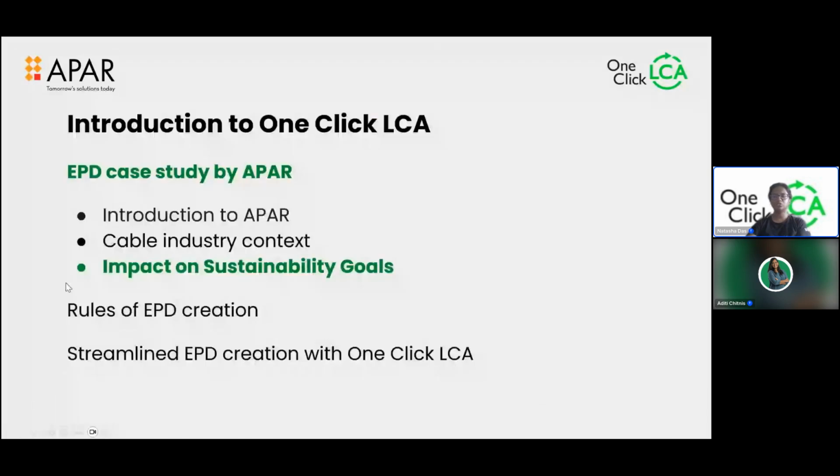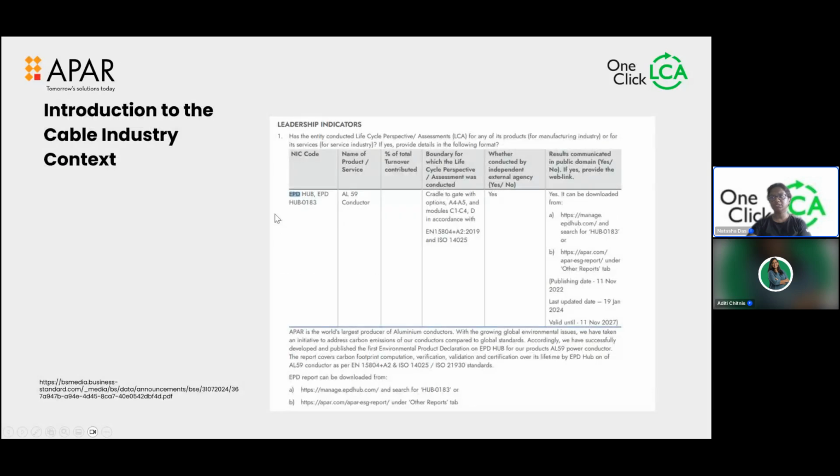So most of the companies that we work with, once they produce their EPDs, we automatically see that their sustainability goals across their production systems or company systems change. There is a significant impact on their sustainability goals.